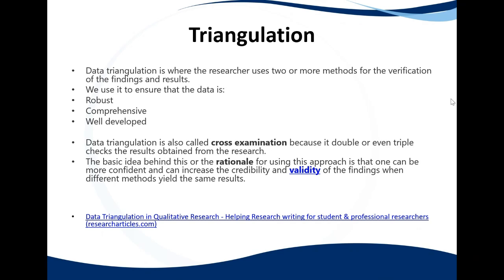The rationale behind it is that you can be more confident in increasing the credibility, as I've already indicated, and the validity of your research. So how do you then apply or use, or in what ways can you triangulate your data? At what level and how?